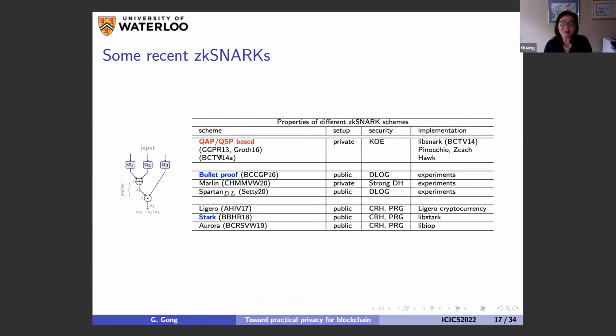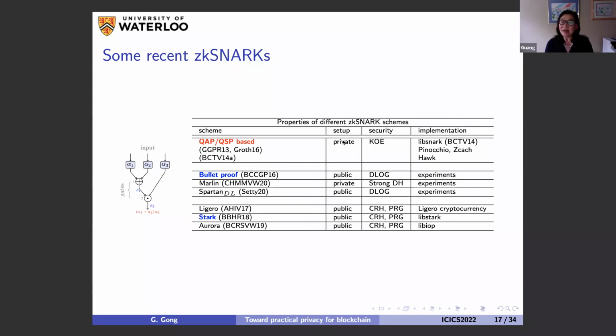That was first published in 2013, called GGPR, and then Zcash first implemented this version, BCTV14A. So that's the first implemented. But they got attacked, so currently they moved to Groth16.